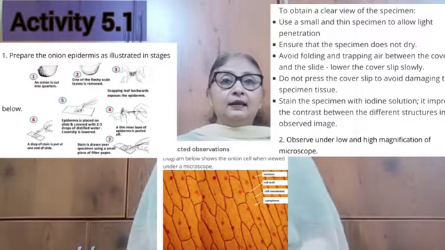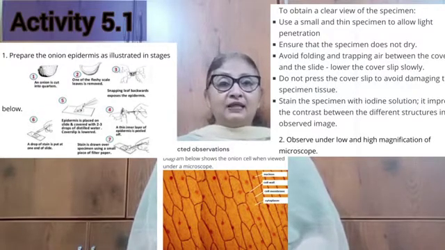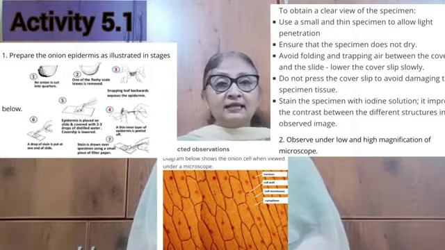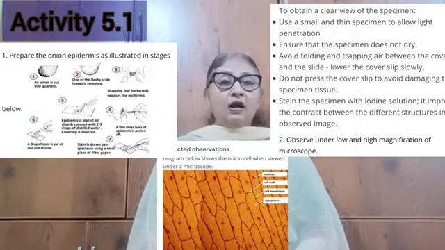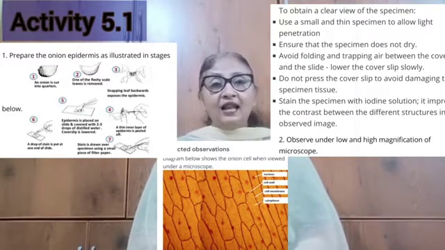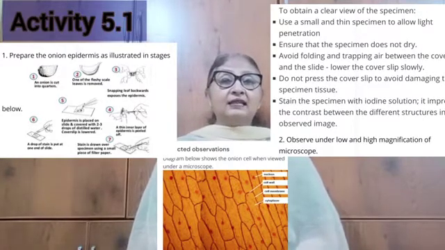We will see that it has similar structures. All the cells are similar, and these tiny compartments which we see are known as cells. We can also see the cell wall, and the nucleus is darkly stained, while the cytoplasm and the vacuole are lightly stained.